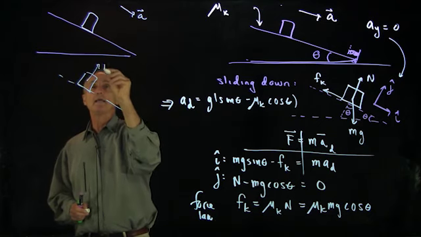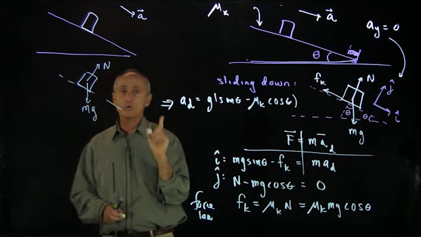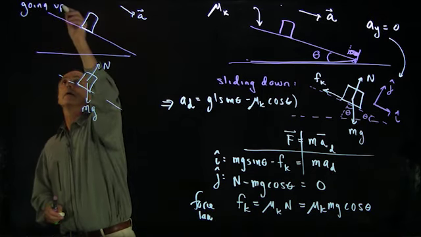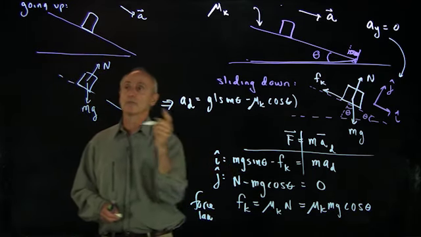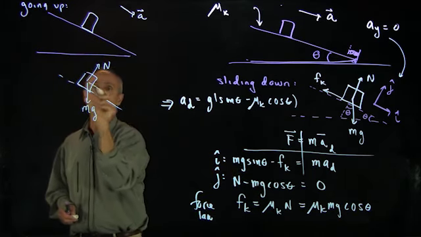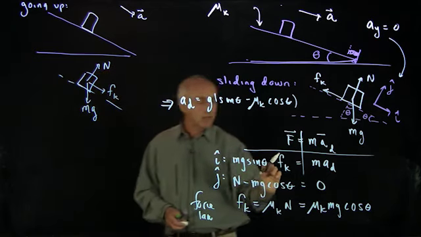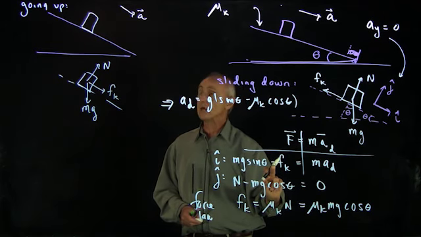So we still have N, we have mg, but now the crucial point is this is going up. The crucial point here is that the kinetic friction is always opposing the motion, so when the block is sliding up, the kinetic friction is down, and all that we have is a sign change here. This is now plus.